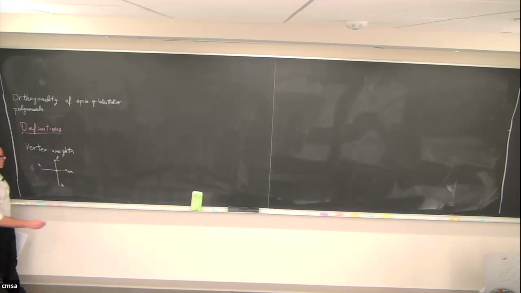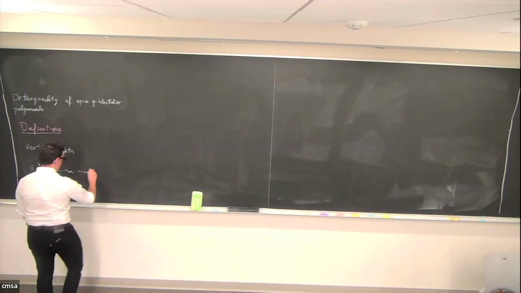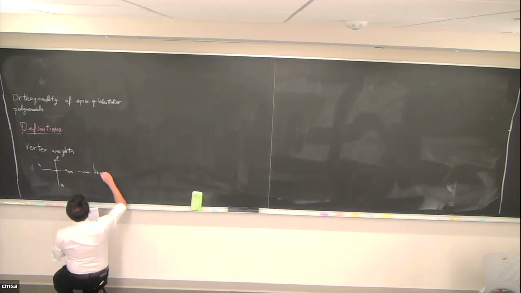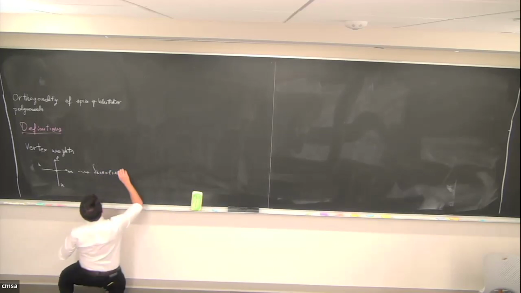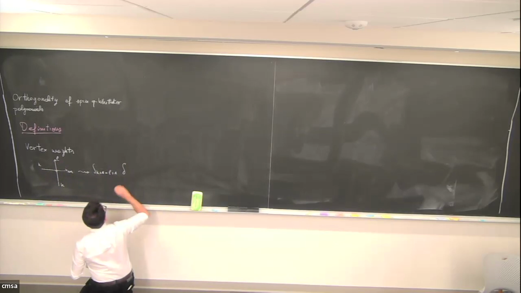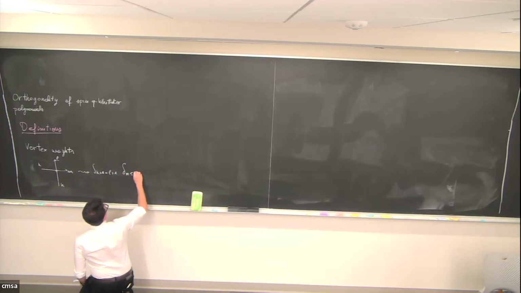These are integers, and to such a vertex we associate a weight, the q1 weight. There is a delta factor, k plus n equal to l plus m, so entering edges are equal to outgoing edges, and there is another delta factor that this number m needs to be less than or equal to the number of particles entering from below.